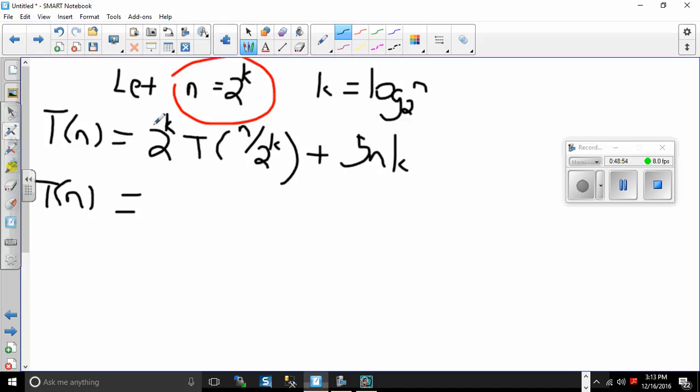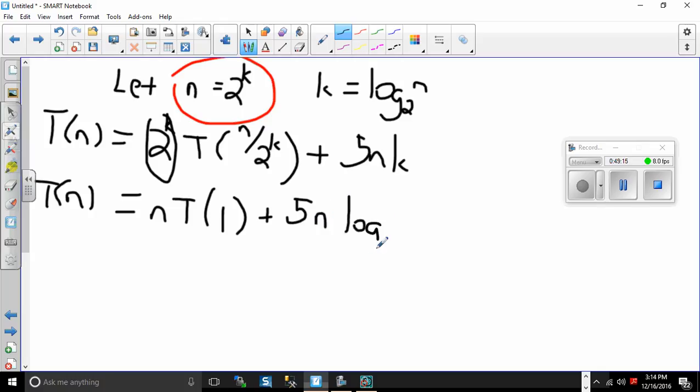So 2 to the k right here, that is equal to n. Okay, and since n is 2 to the k, 2 to the k over 2 to the k is 1, plus 5n log 2n.